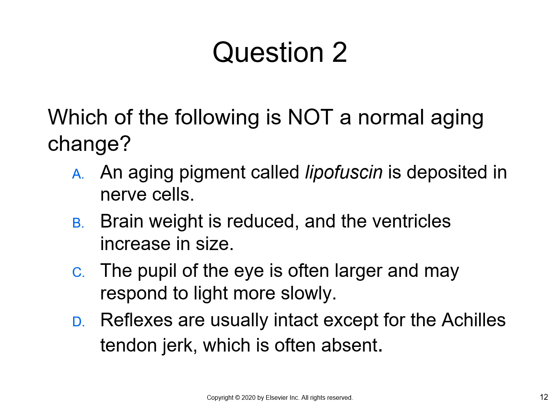Rationale. Brain weight is reduced and the ventricles increase in size. An aging pigment called lipofuscin is deposited in nerve cells, along with amyloid, a type of protein. Increased plaques and tangled fibers are found in nerve tissue. The pupil of the eye is often smaller and may respond to light more slowly.